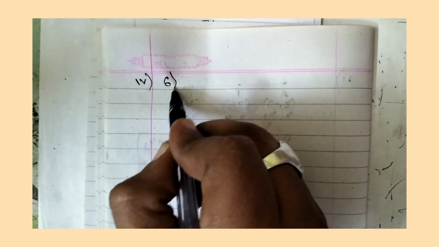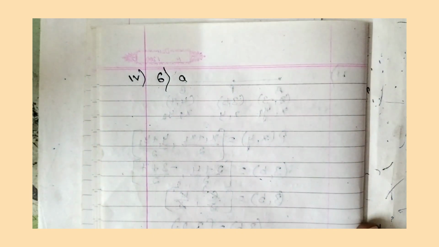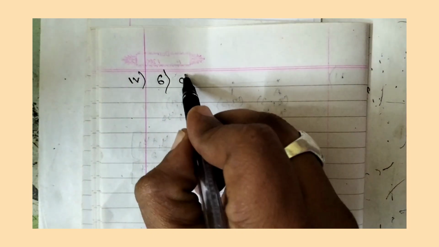So in sixth, the first question is state Fleming's left hand rule.